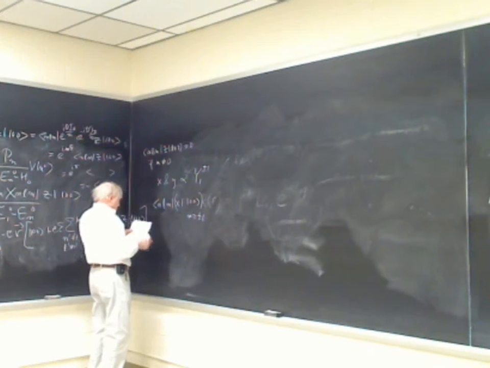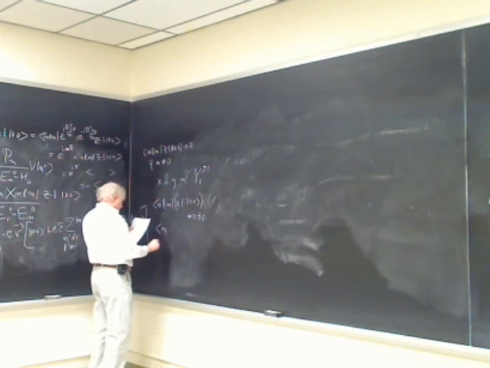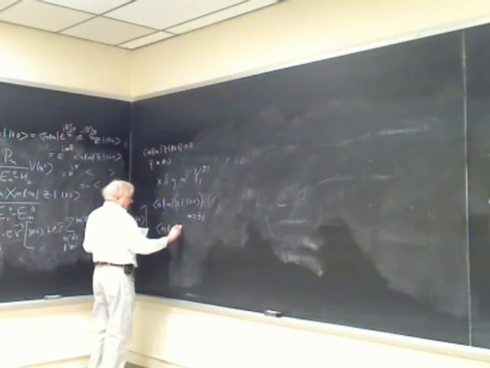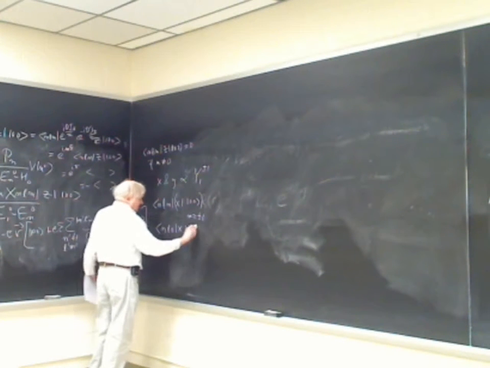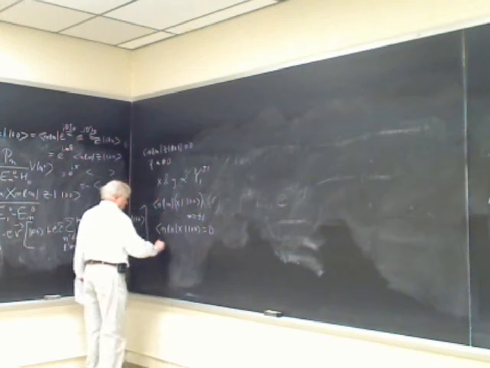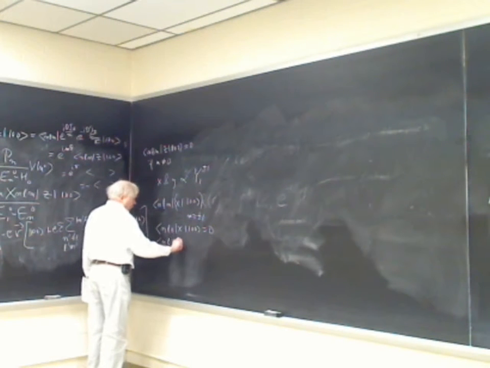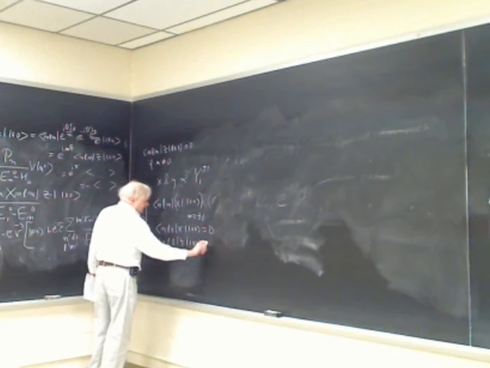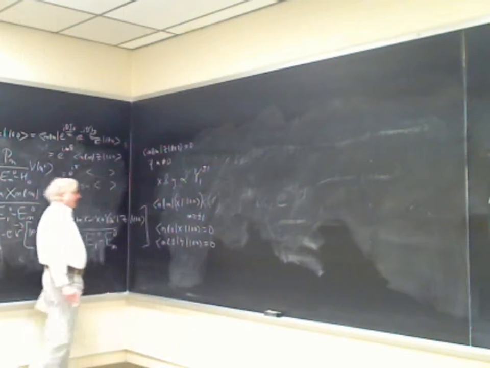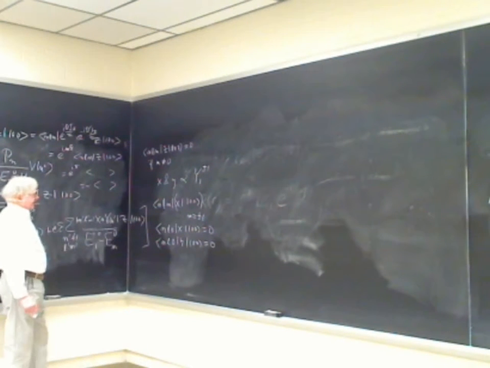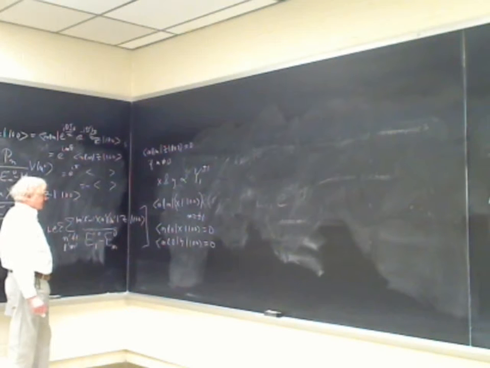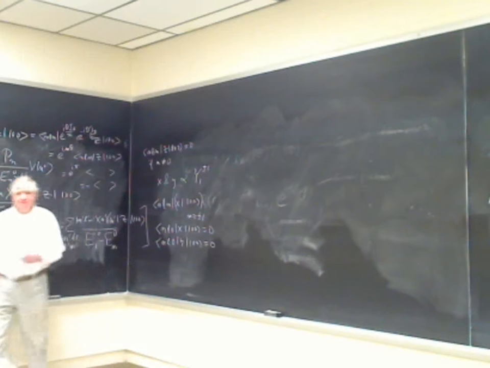And so <nl0| x |100> is 0, and also <nl0| y |100> equals 0. If you wanted to do these in a different way, it would be a little tricky. I suppose this is the easier way to do this.